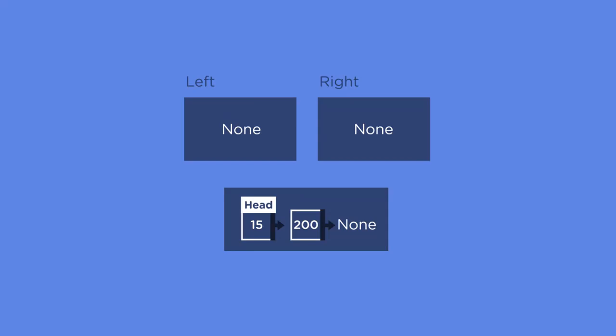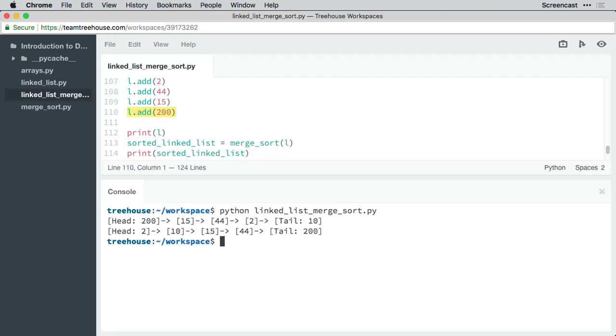Remember that at this point, because right head and left head pointed to none, our while loop terminated. So in this way, we recursively split and repeatedly merge sublists until we're back with one sorted linked list. The merge sort algorithm is a powerful sorting algorithm, but ultimately it doesn't really do anything complicated. It just breaks the problem down until it's really simple to solve.